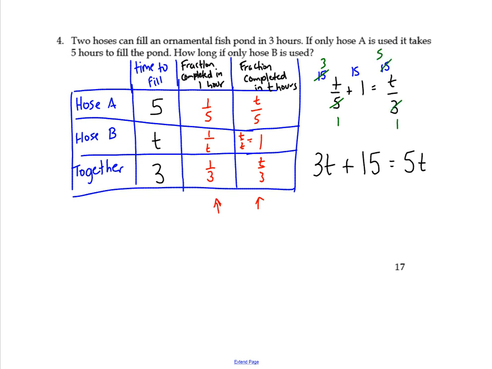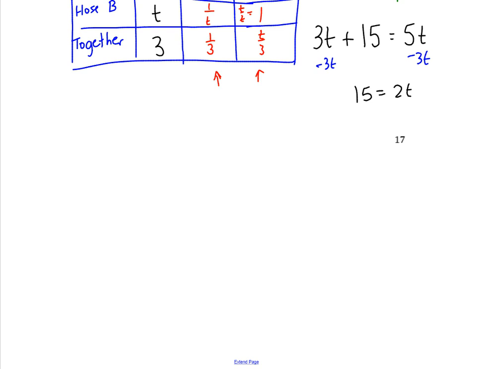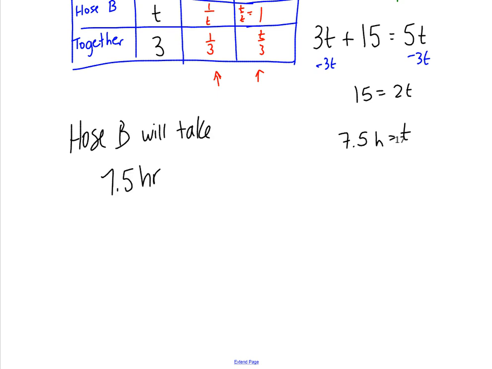Subtract 3t: 15 equals 2t, or 7.5, 15 over 2 hours. So it's going to take hose B, it's a slow hose, 7.5 hours to do it by itself. All right, we are done the lesson for today.